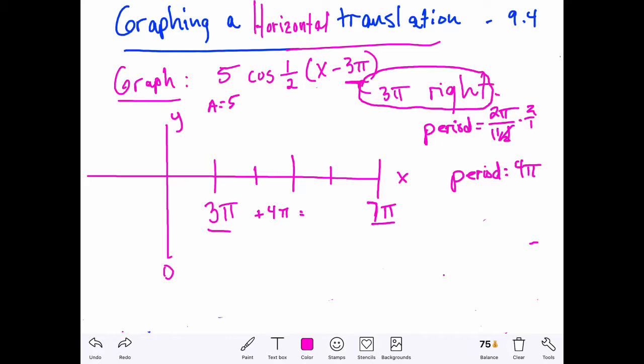Okay, so what do we do now? Make a table. Let's start at 3 pi. Oh, sorry, we don't want to make a table just yet. We've got to get our locations. Sorry, I got ahead of myself here.